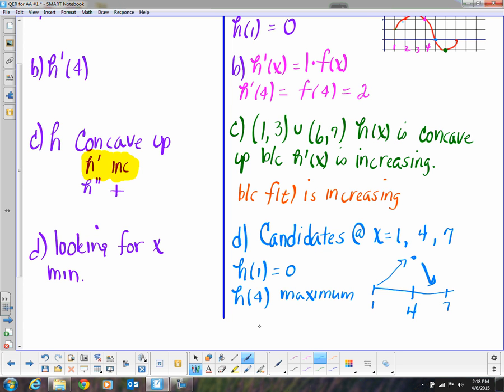And it's going to be a maximum because h of x increased from x equal 1 to x equal 4, and then begins to decrease.